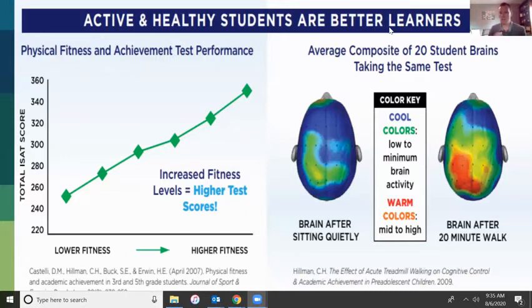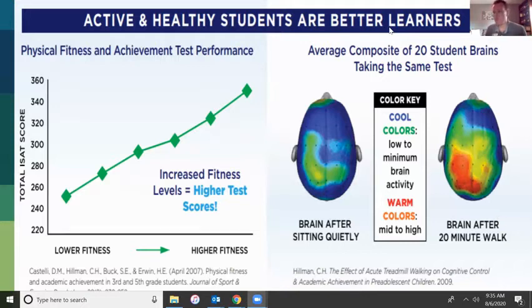So research now is, I'm sure you've seen this image on the right. It's the image of brain activity after sitting quietly compared to brain activity after a 20-minute walk. And so you can see the increased brain activity immediately after a 20-minute walk. I'm sure you've seen images similar to this before, but that is one commonly shared piece of research around active classrooms.